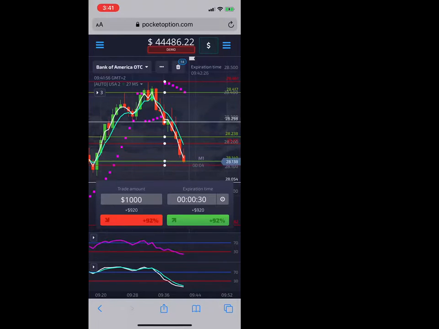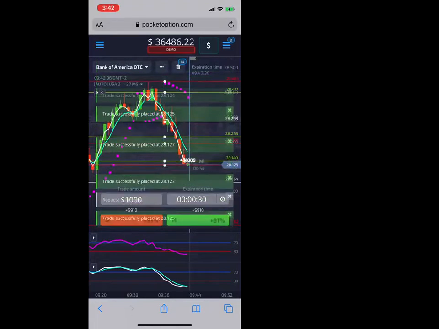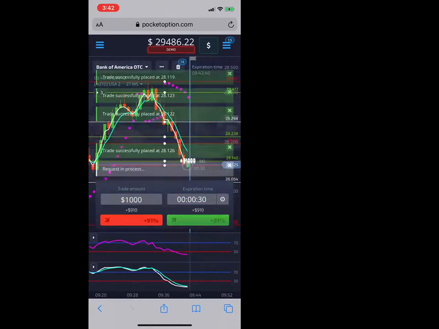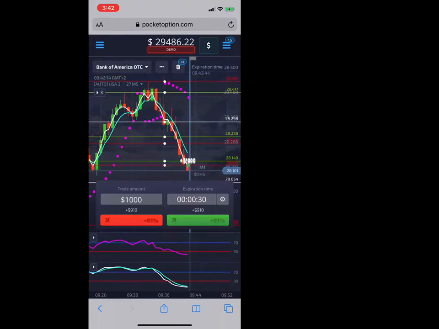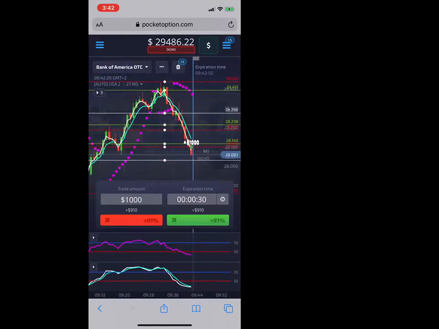She pushing for that red line. Look at that. This candle bond. Damn, that joint started melting. Okay.